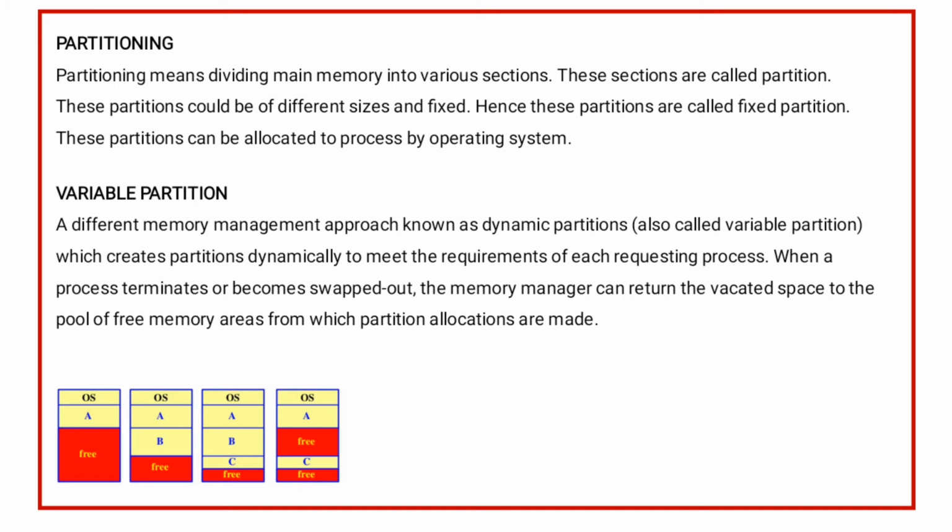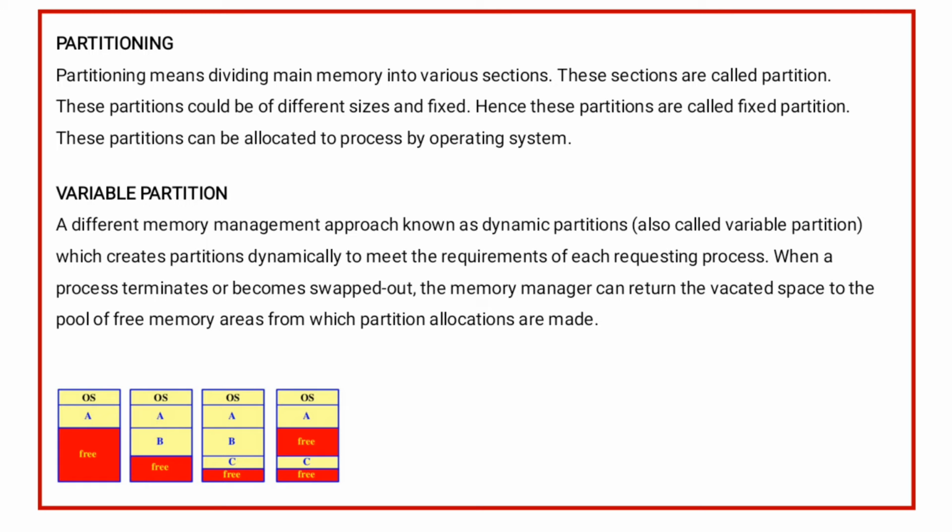The next is variable partition. A different memory management approach, known as dynamic partition, also called variable partition, creates partitions dynamically to meet the requirements of each requesting process. When a process terminates or becomes swapped out, the memory manager can return the vacated space to the pool of free memory areas from which partition allocations are made.